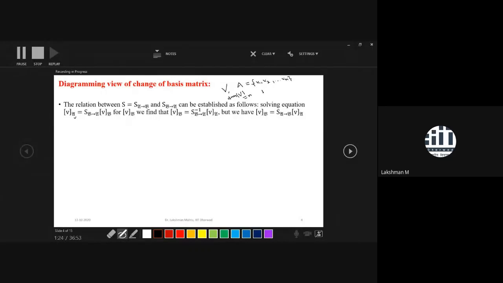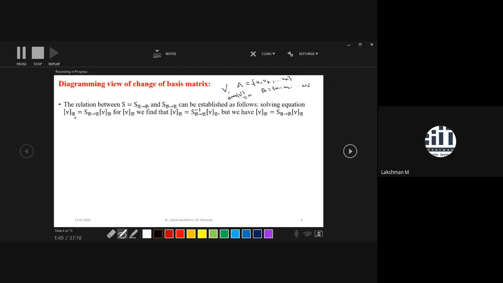The second basis B was another basis of the linear space V with the basis elements W1, W2, W3, and so on, up to the last basis element of the second basis B, which was Wn.